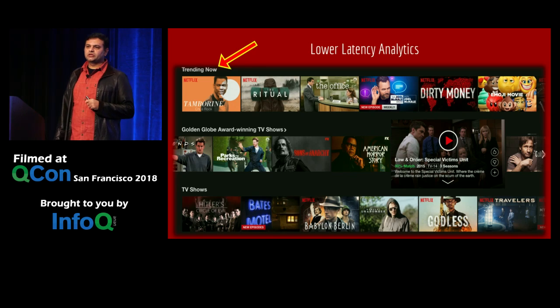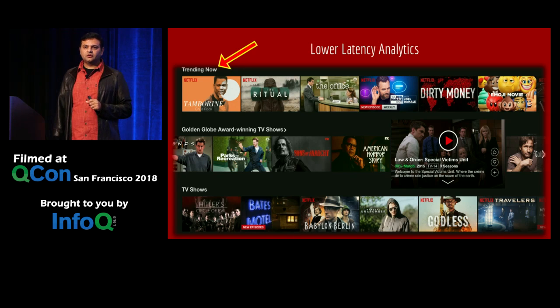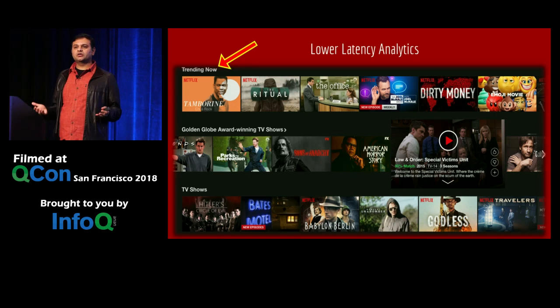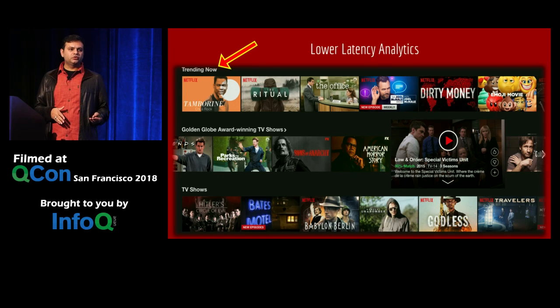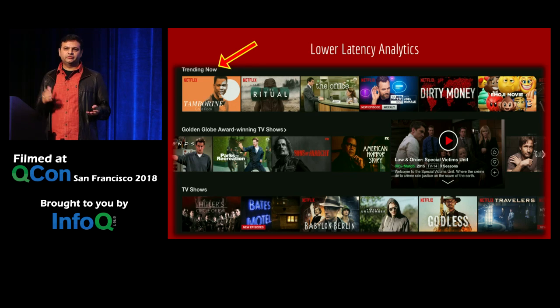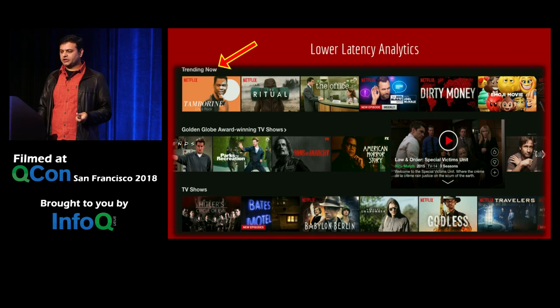This provides you member-specific personalization of what's happening right now in Netflix. So it's not just the most recent across all members, it's most recent across all members specific to your account and profile. If you have a Netflix account, you'd know that you can have up to 5 different profiles. Each profile is personalized, and this row is personalized for each user.